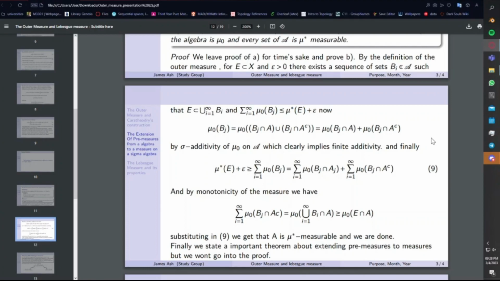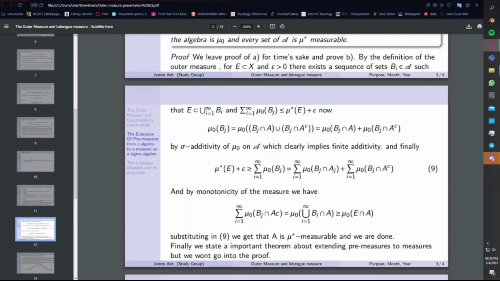And now, again, we use the property that the measure is monotone. So every single sum here is going to be bigger than the measure of E intersection A. So now if we insert it here, we get mu star of E plus epsilon is greater than mu star of E intersection A plus mu star of E intersection A complement.